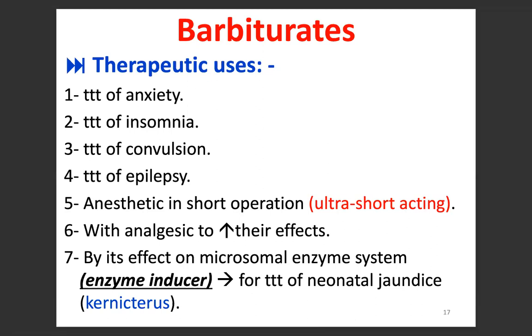Barbiturates increase the conjugation and excretion of the bilirubin and are found to be useful in the management of neonatal jaundice, in which there is an increase in the bilirubin level in the blood, hyperbilirubinemia.